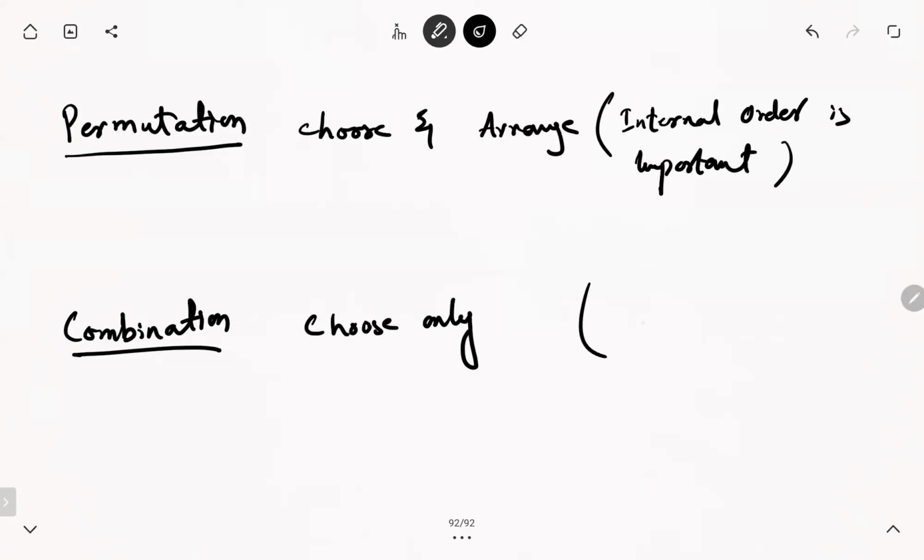When internal order is not important, then in that situation, you will use combination. So for combination, you have to simply choose.